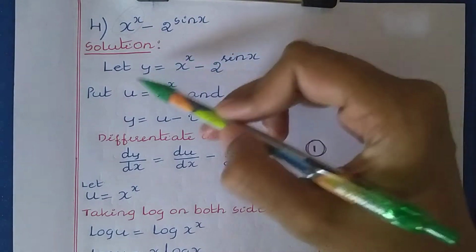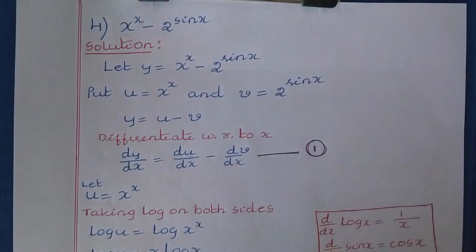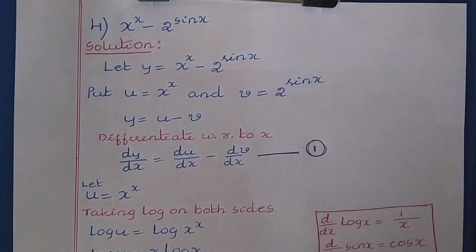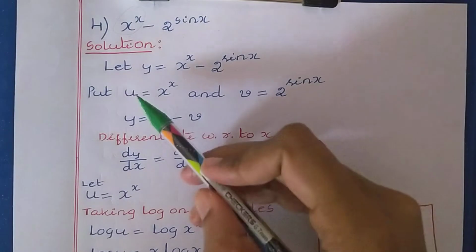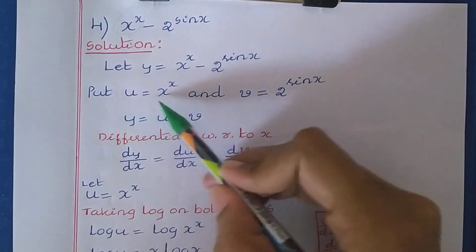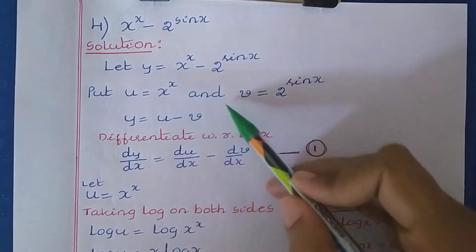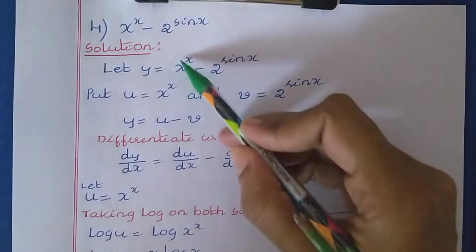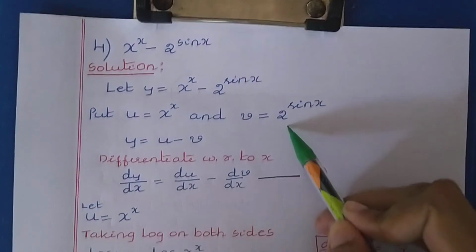So let us take now y is equal to x^x minus 2^(sin x). Now put one function as u, so u is equal to x^x and v is equal to 2^(sin x). So this I am taking as u and this I am taking as v.